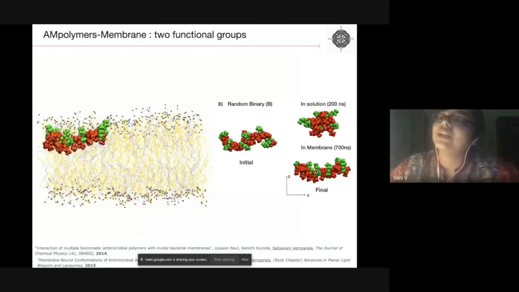That means somehow there is an intelligence built into this polymer, which recognizes that if it is in a bacterial membrane, it should take a functional form which allows it to do a function. But once it comes out of the bacterial membrane, there is no need. So there is no need to build in a structure a priori; these are smart enough to detect the environment and take the particular forms.